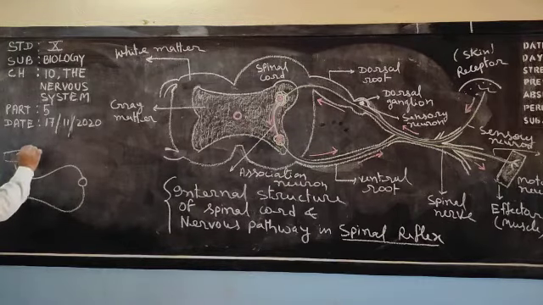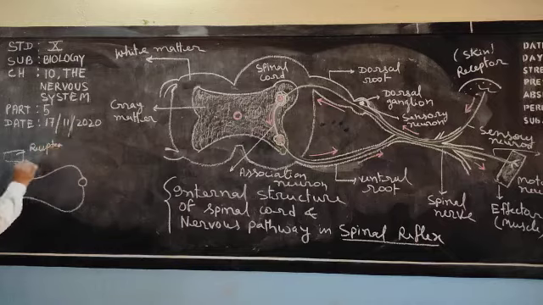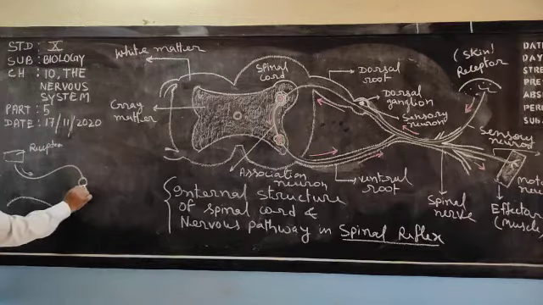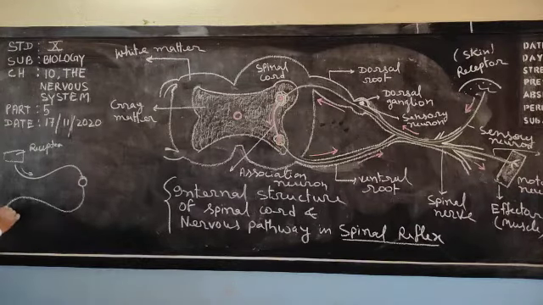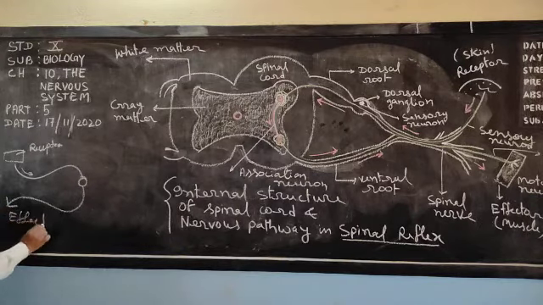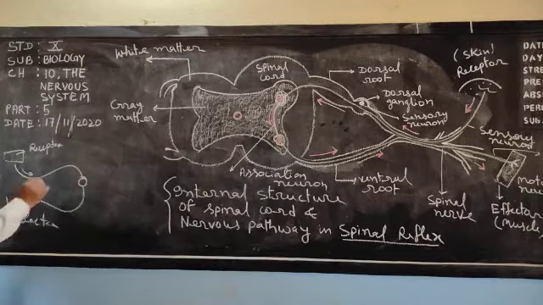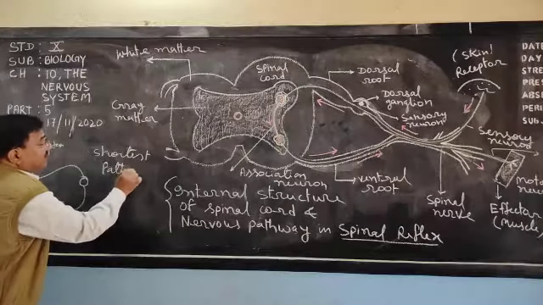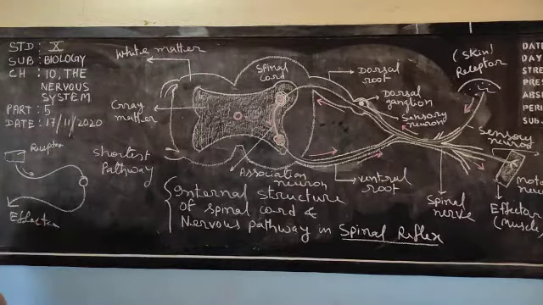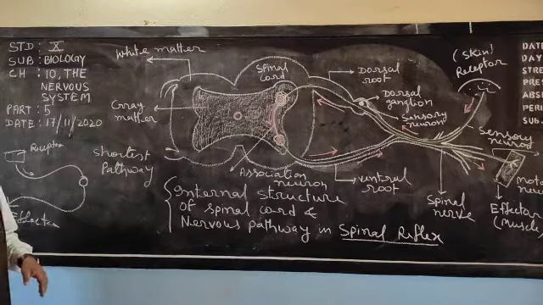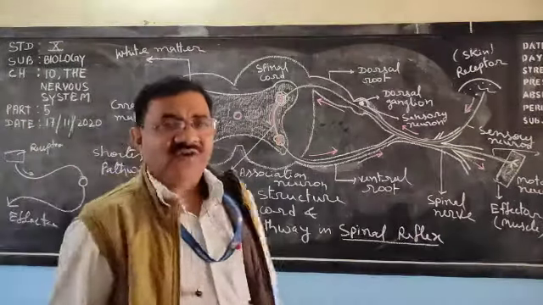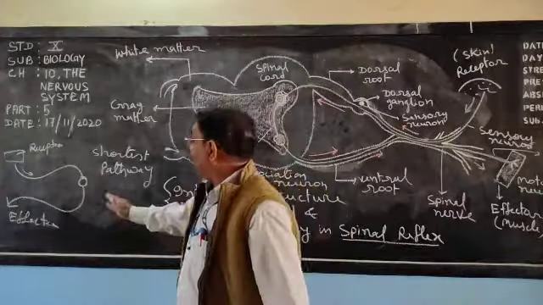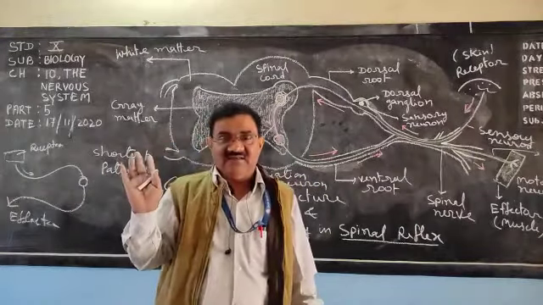Here is the receptor, say the skin, and the skin receives the message and sends it by the sensory neuron to the spinal cord, and by the motor neuron it comes back to the effector. This shortest pathway is followed and forms an arc. The shortest pathway made by sensory and motor neurons forms an arc, and that arc is called the reflex arc. Very clear on that.